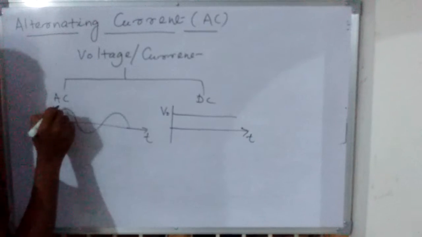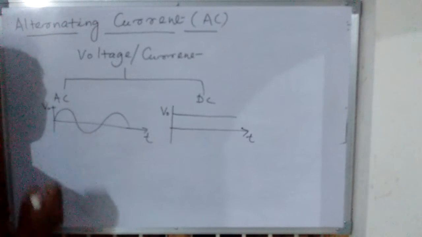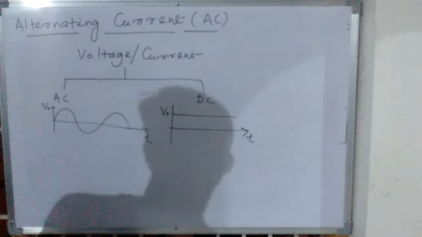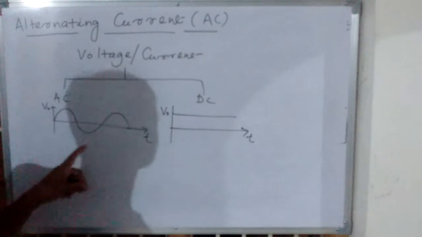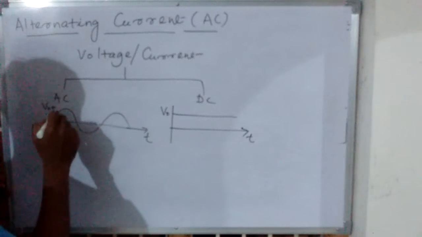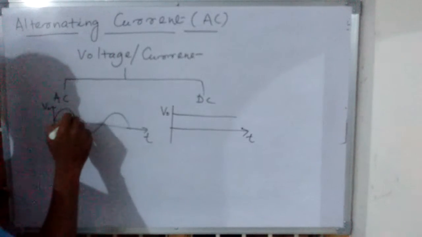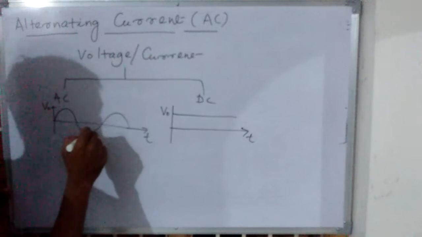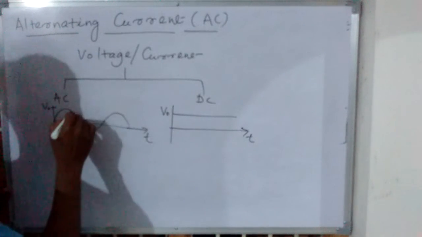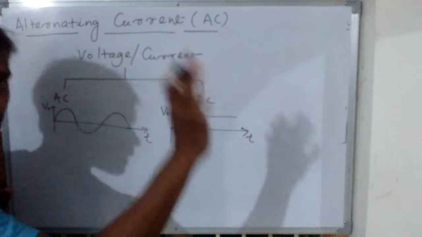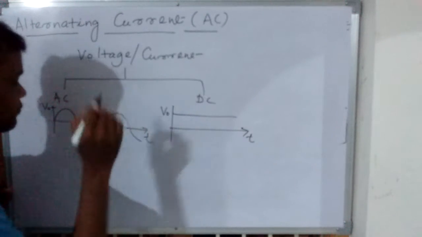Here V naught is the amplitude, it is not the actual value of the AC. Why is it called alternating current? Because here you can see the magnitude is gradually increasing, then decreasing, then again becoming zero, then from zero it is again becoming negative. That means sometimes it is positive, sometimes it is negative, and so on.